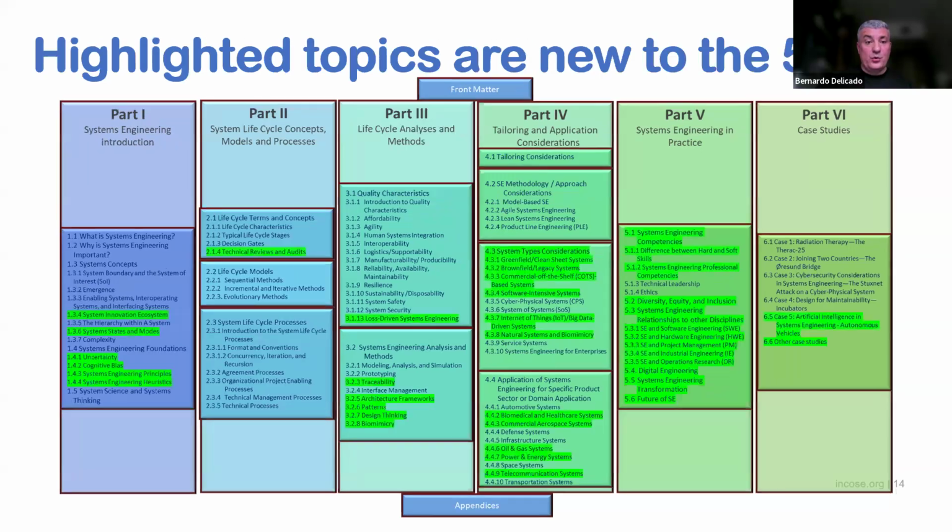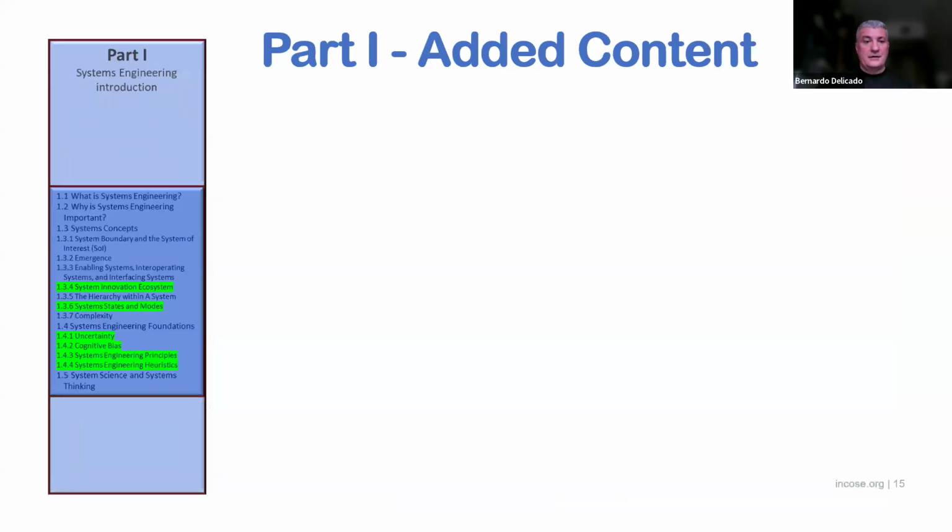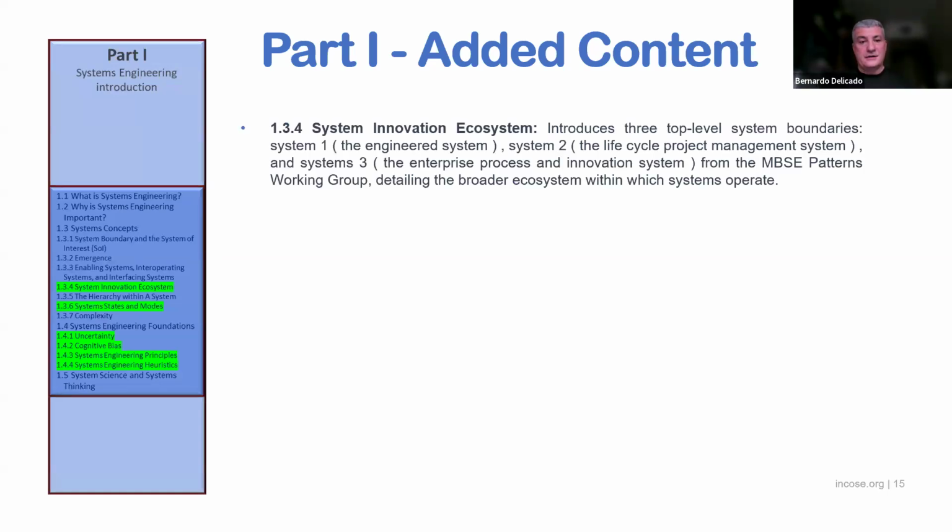Let's move to the ones highlighted in green that are the new topics, including the new version 5. And let's move in detail on each part to explain a little bit more what is new and the added content. In part 1, we add session 134, system innovation ecosystem.